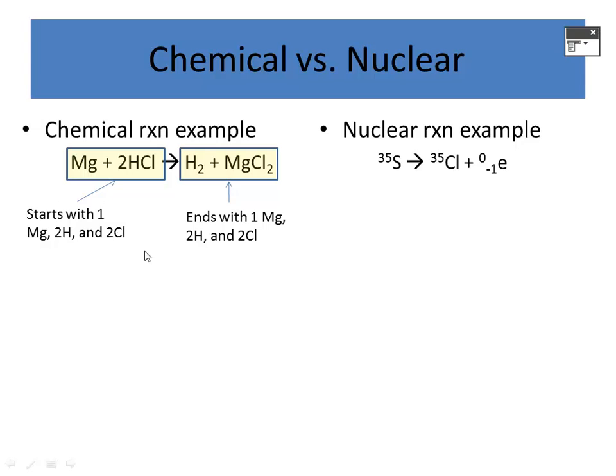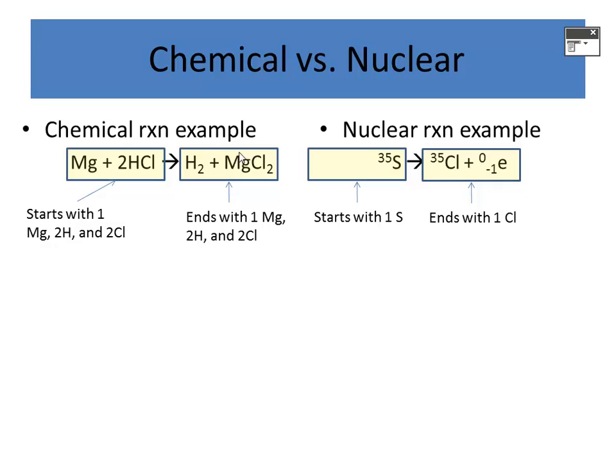We end with 1 Mg, 2 H's, and 2 Cl's. They're just arranged differently. This is like the Legos, when you take apart the Legos and put them together in a different way. Nuclear reaction: we start with 1 S and end with 1 Cl. That's like smashing apart a Lego to make a new Lego.